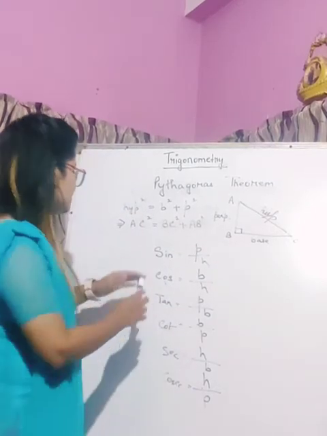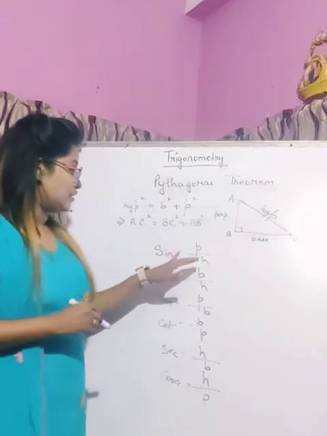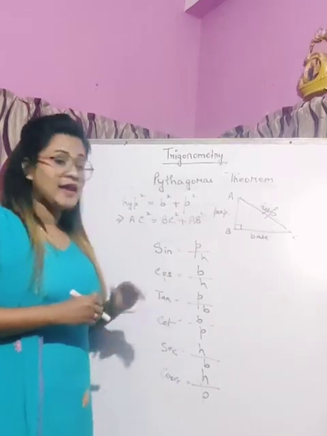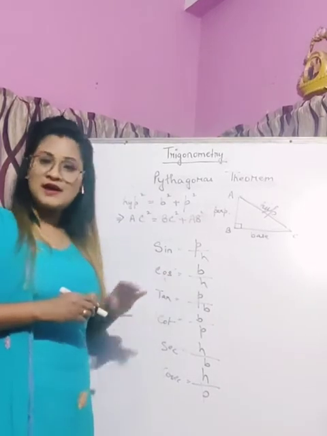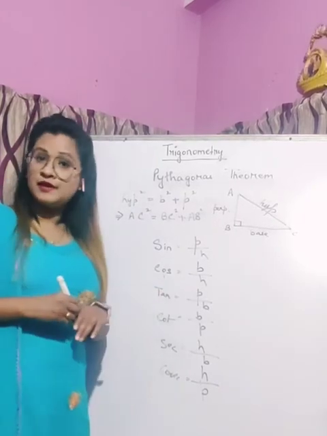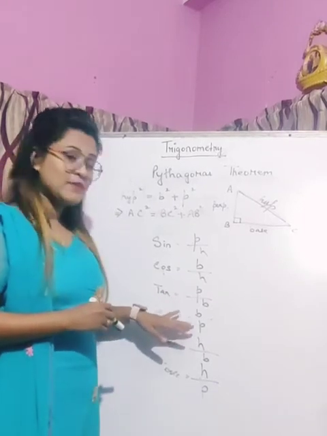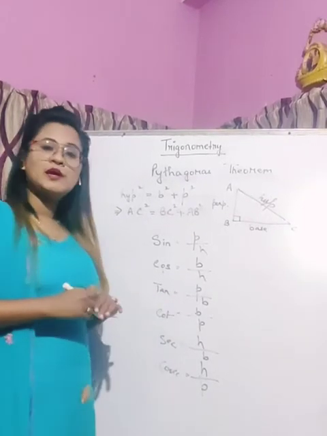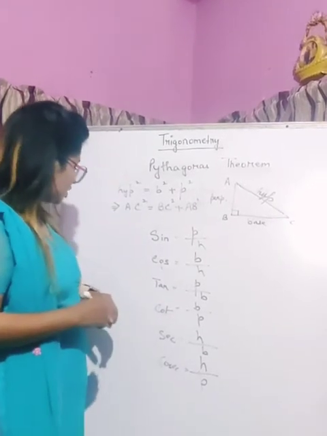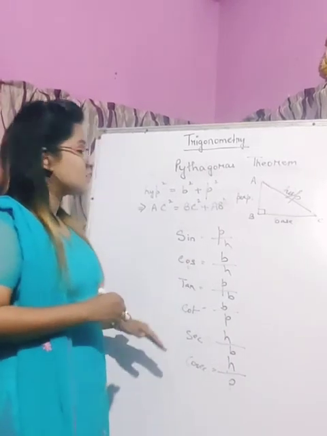Our formula becomes sine theta is equal to P by H, that is perpendicular by hypotenuse. Cos is equal to B by H, that means base by hypotenuse. Tan is perpendicular by base. Cot is base by perpendicular. Sec is hypotenuse by base. And cosec is hypotenuse by perpendicular. So these are the terms.